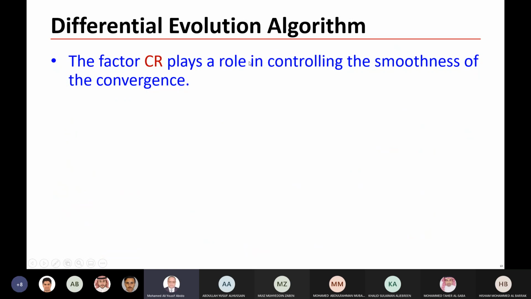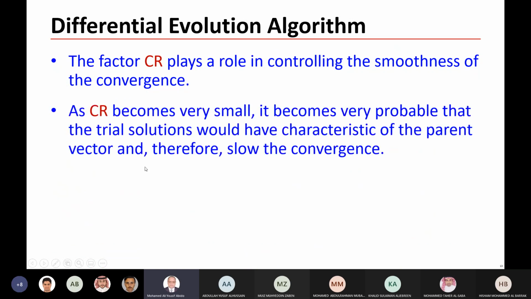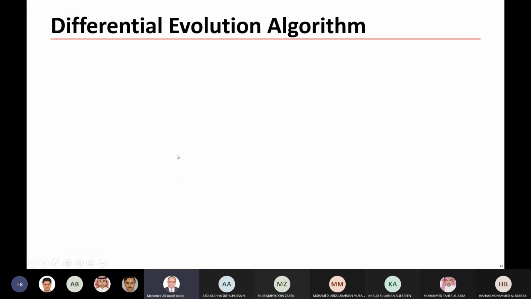If the crossover factor becomes very small, it becomes very probable that the trial solution could have the characteristics of the parent vector. As we mentioned, the typical range is between 0.5 and 0.9 in order to avoid slow convergence.